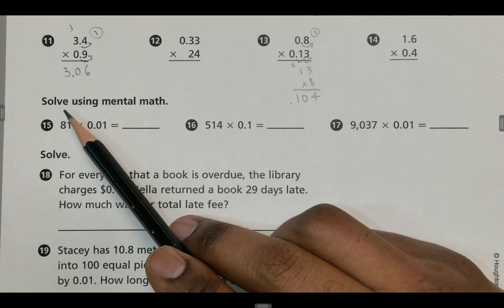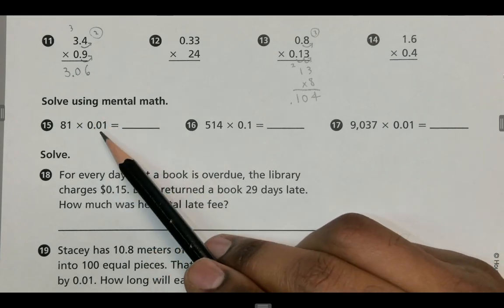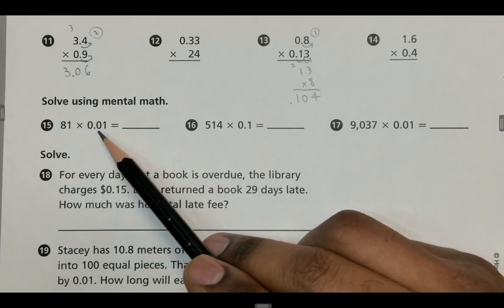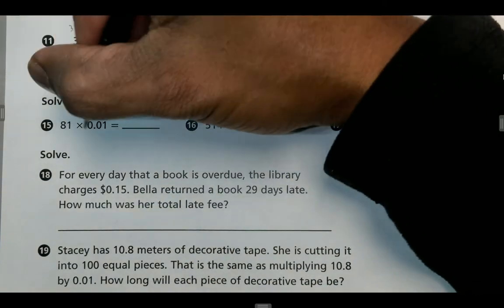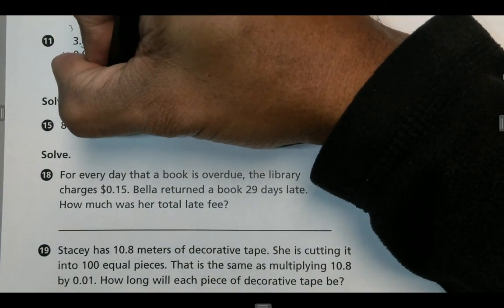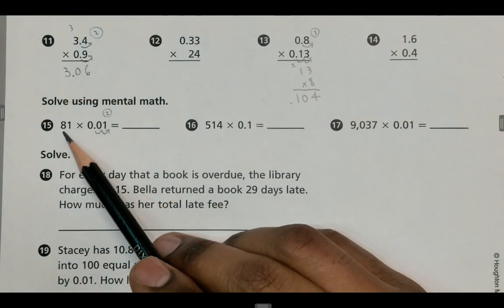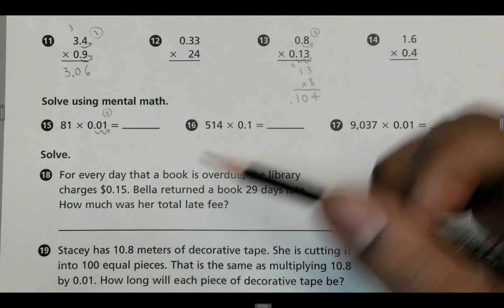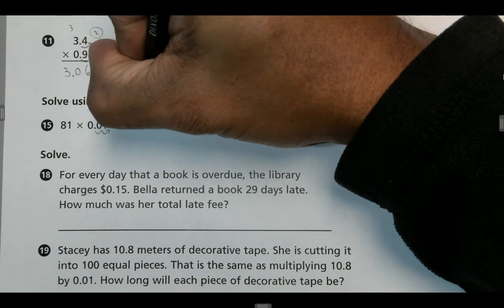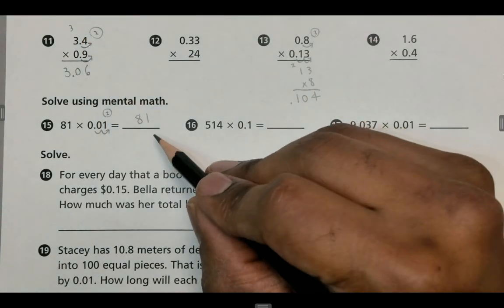15, the directions say solve using mental math. 81 multiplied by 100th. Whoop, whoop. 2 pushes allows us to solve this as if we're dealing with 81 times 1, which is 81. But then we know we've got to come back in 2 place values.